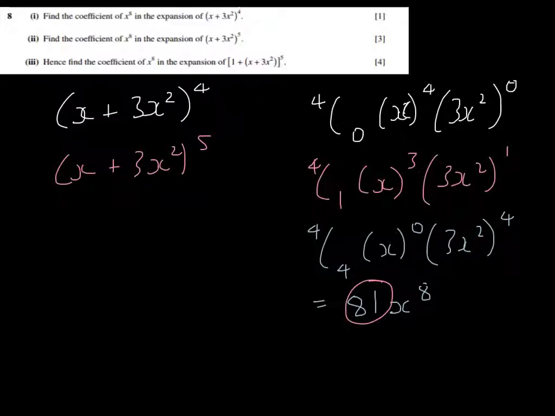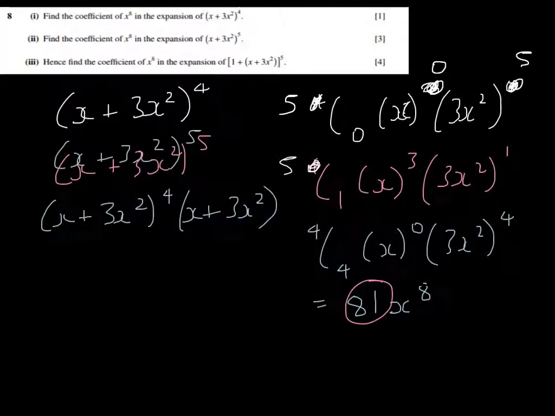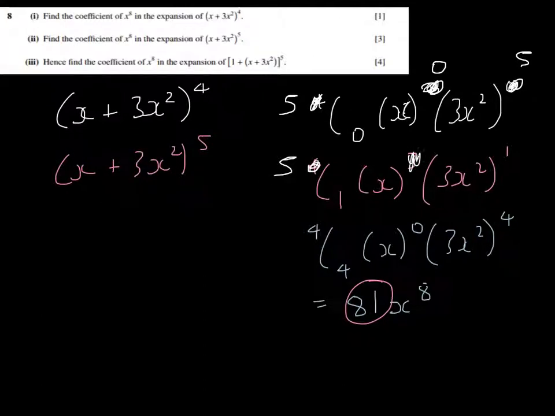So we're now dealing with 5c0, and this first term would be to the power of 0, which means the second term would be to the power of 5, and so forth. So that would be 5c1, that would be a 4, that would still be a 1, that would be 5c4, which means that would be 5c5, that would be a 0, and that would be a 5.